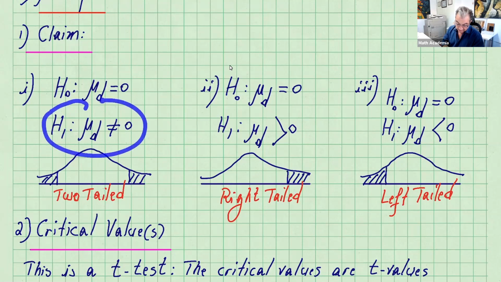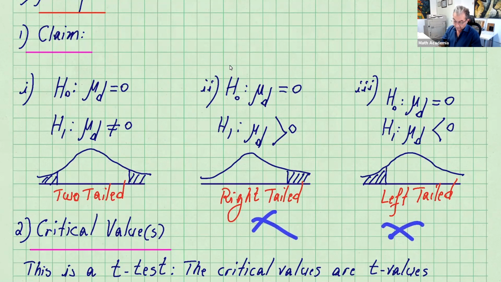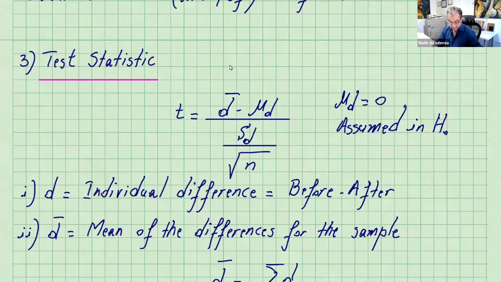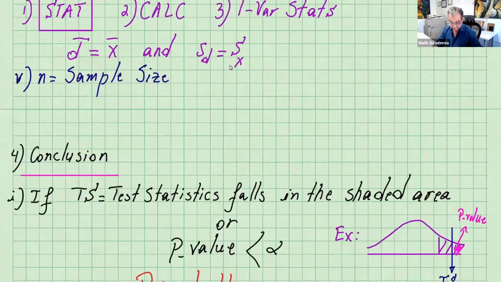Has an effect, that means mu sub d is not equal to 0, and if we can prove that, then we have enough evidence to say that it has an effect. So we don't pick these two. That's the claim when the question says has an effect. Let's go back to the problem.